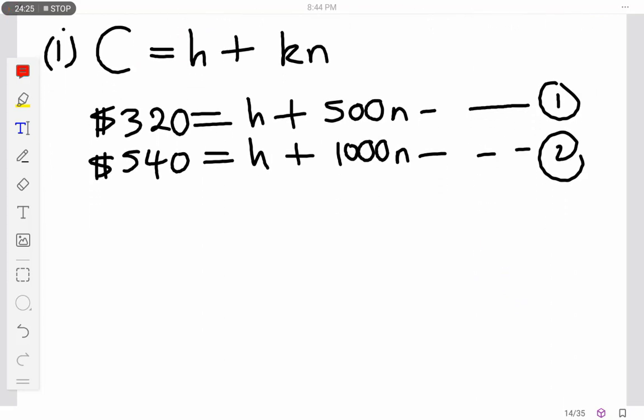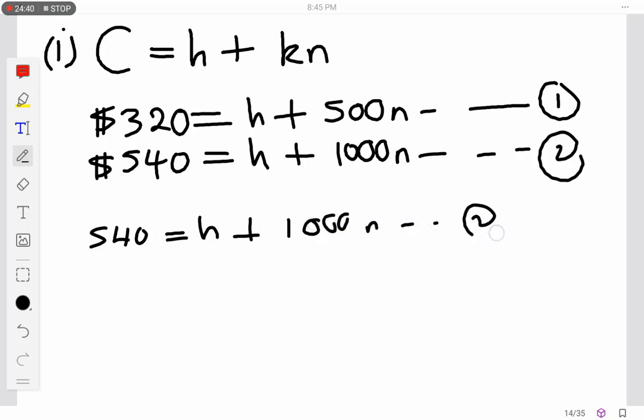I prefer to eliminate H in this case. So let me rewrite these equations and say 540 is equal to H plus 1000K, equation number 2, I'm just dispensing with the dollar sign because it will not affect us. Then we have 320 is equal to H plus 500K, equation number 1.